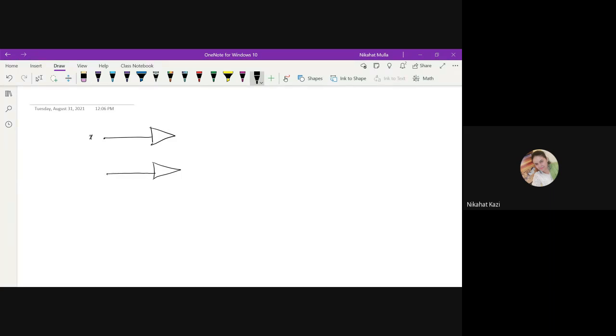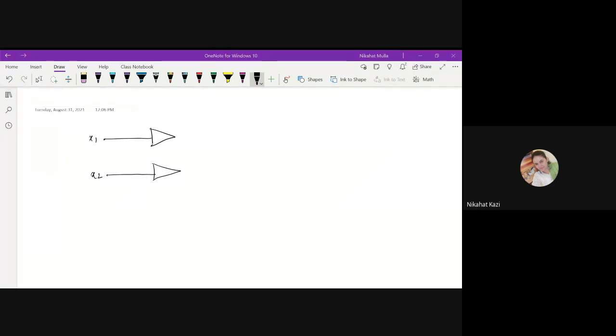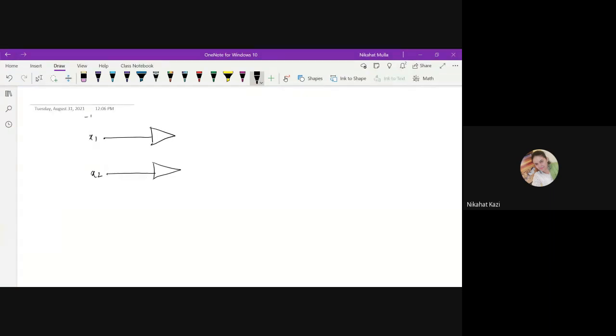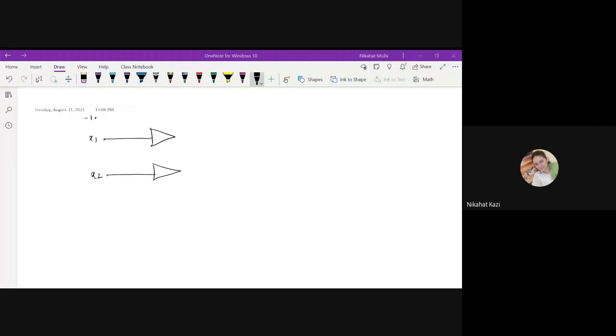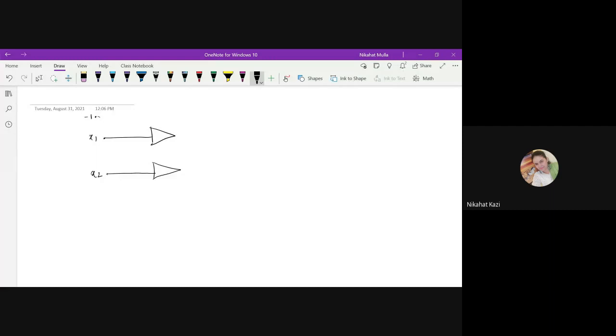So this is first input x1, second input x2. And there's a bias. This is -1. It could be 1 or -1. Bias is a fixed input. It is 1 or -1. In this case, it is given to be 1.